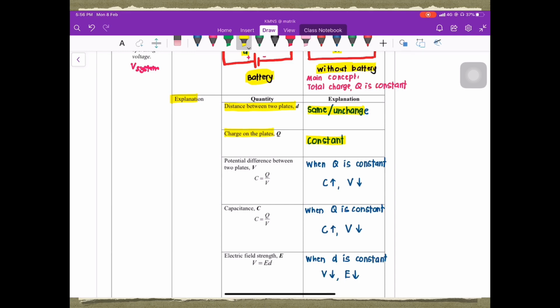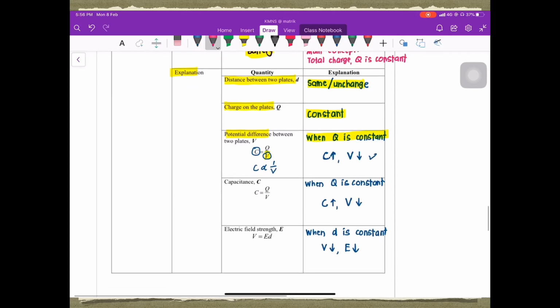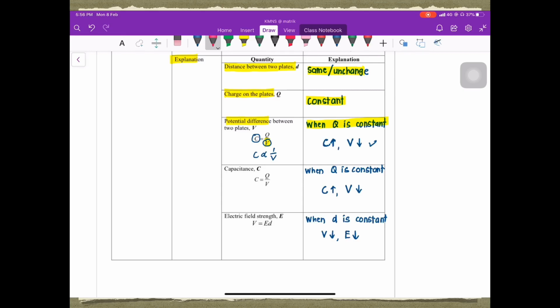Okay, so what happened to the potential difference here? When Q is constant, C and V are inversely proportional. So when capacitance increases because of paper, V decreases. Okay, next. What happened to the capacitance? The capacitance increases. Why?